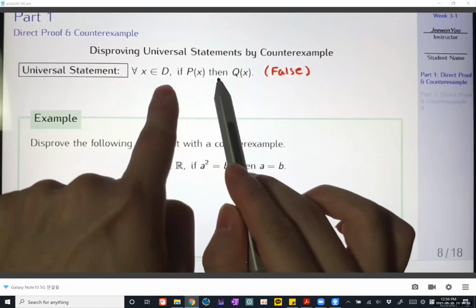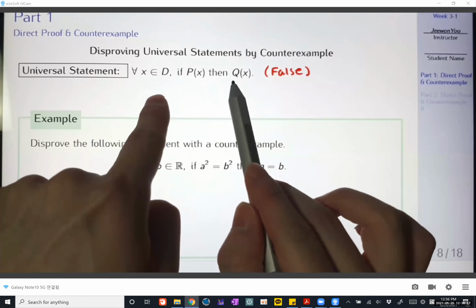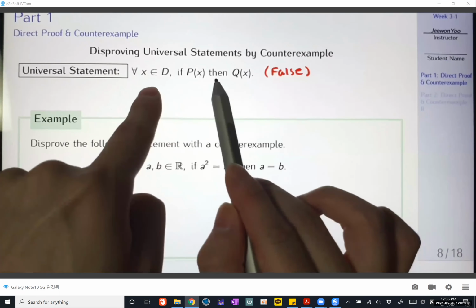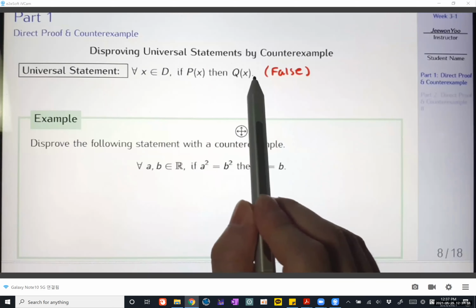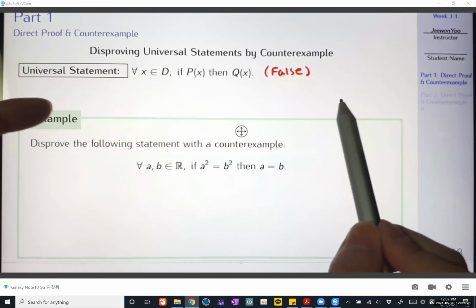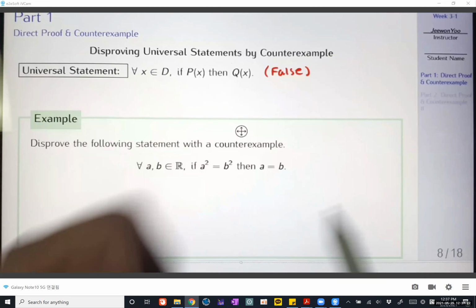If the original universal statement is false, everyone, what is the truth value of the negation? If this is false, the negation is what? If the universal statement is false, then its negation should be true because it's a statement. It's either true or false, right?